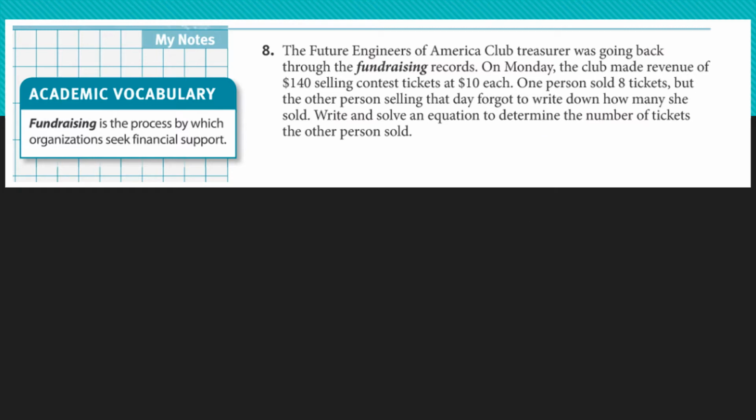So if I set it up like this, the tickets are $10 each, and the person sold, we don't know how many, and then they're $10 each, and we know that the other person sold 8. So if I keep it in the same order, might make sense to people that are just struggling a little bit. So then if we solve this, we'd have 80 here, 140.